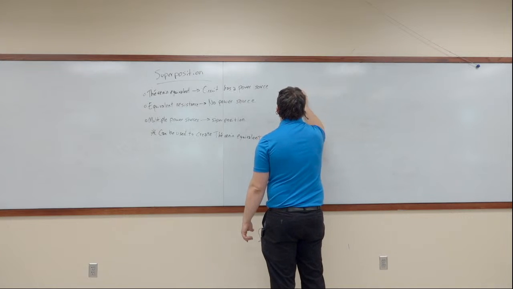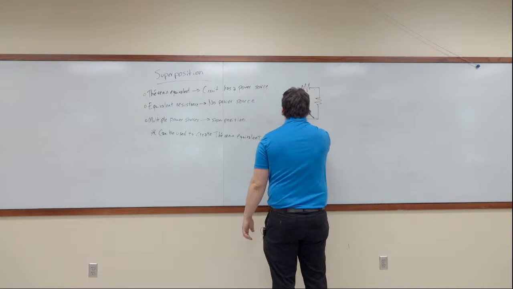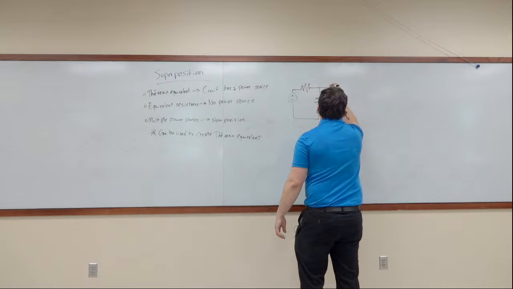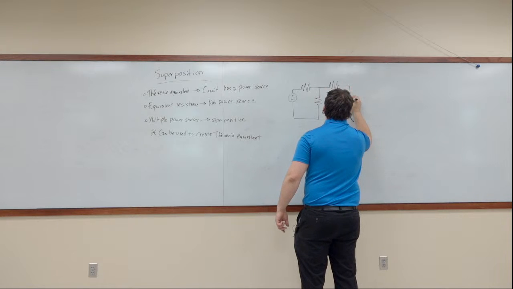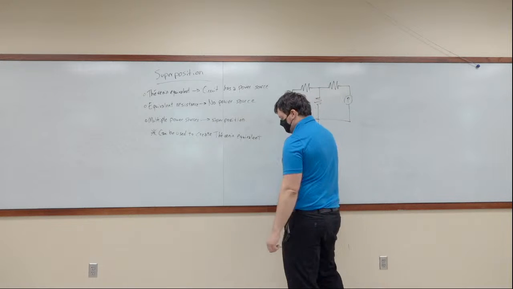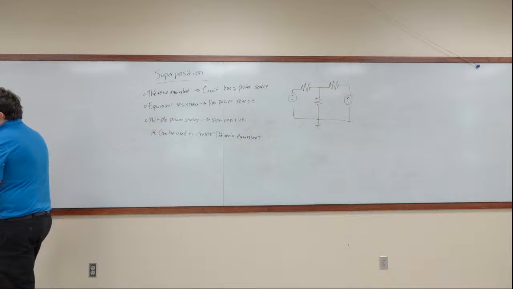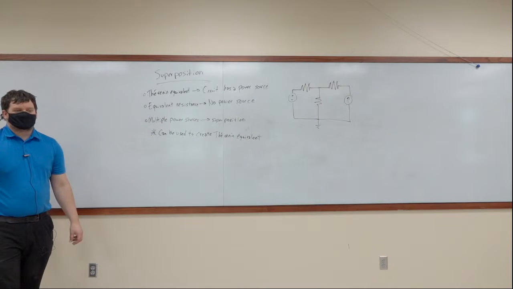Okay, I've got a voltage source. I've got a current source. And we'll go ahead and ground this. Okay? I now have two sources inside of the same circuit.